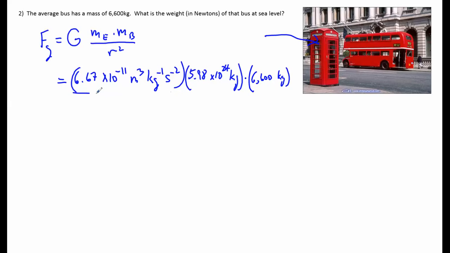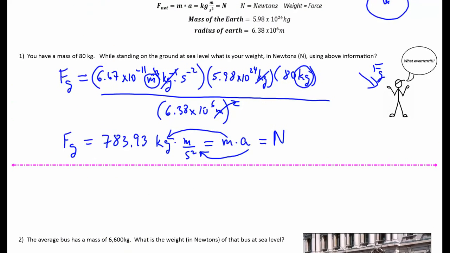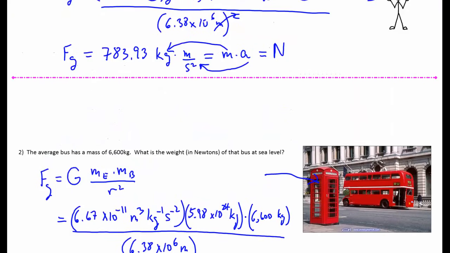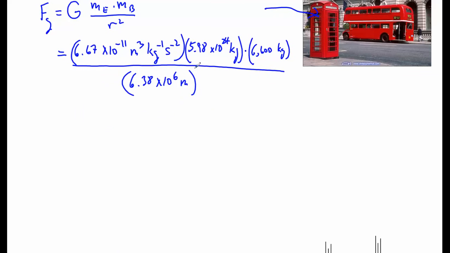I would say that's a significant difference. Let's divide that by the radius of the Earth. What the heck is the radius of the Earth? 6.38 times 10 to the 6th meters. Let's just make sure I got the exponent correct. Oops, got lucky. It's correct. Now, again, it's r squared, so we square this.